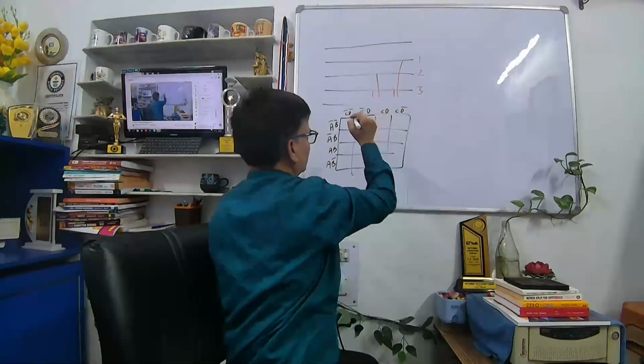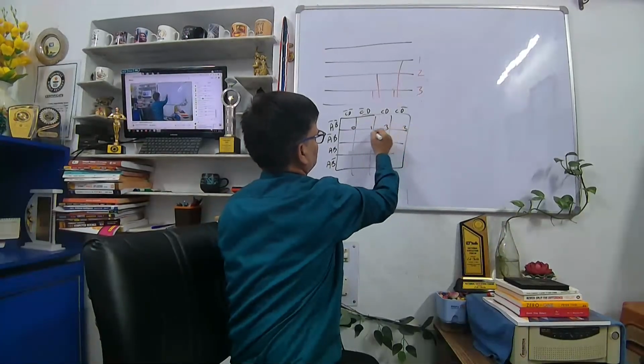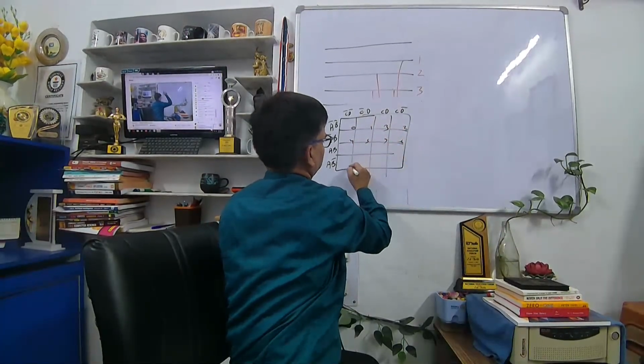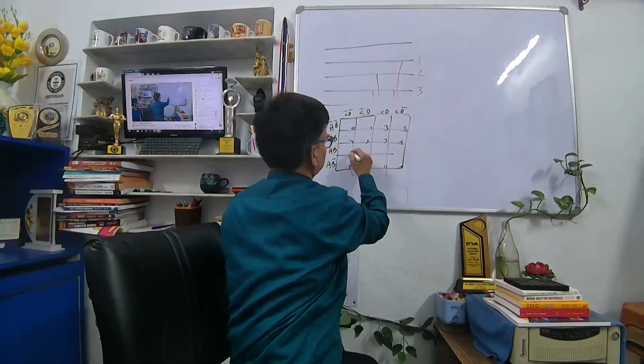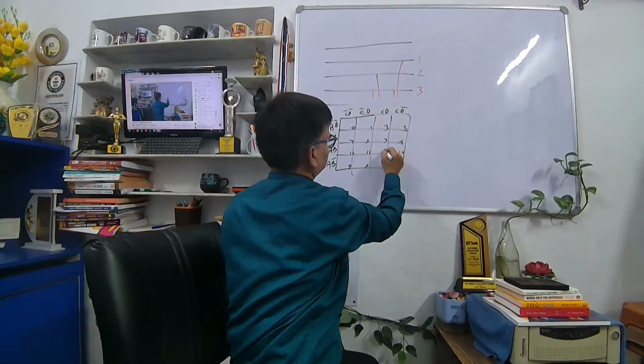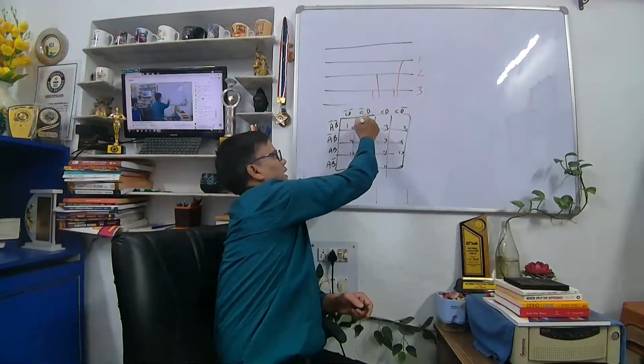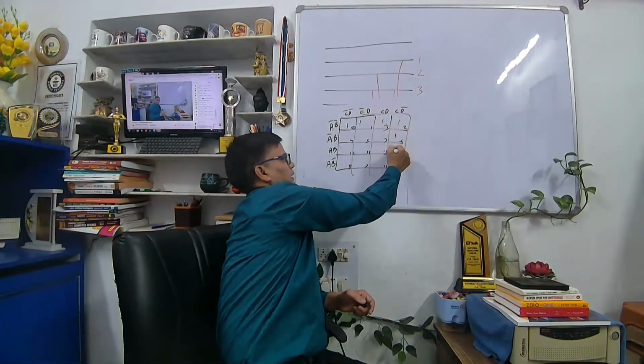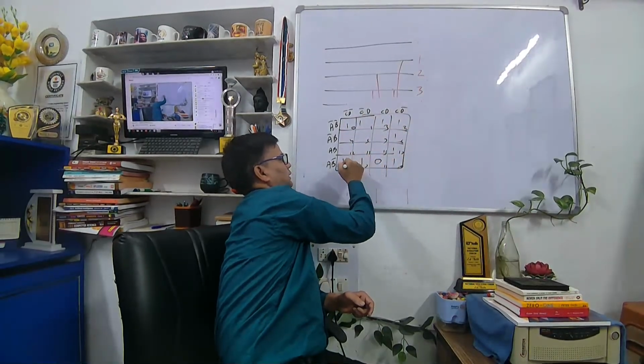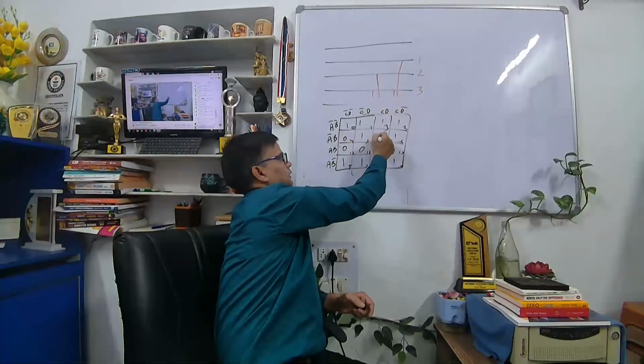I'm doing SOP. Now 0, 1, 2, 3, 4, 5, 6, 7, 8, 9, 10, 11, 12, 13, 14, 15. Now whichever are given, we will put the ones wherever they are: 1, 1, 1, 1, 1, 1, 1, 0, 1, 1, 0, 0, 1, 0, 1, 1.